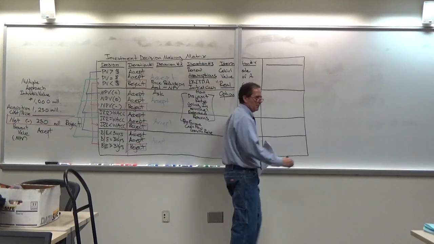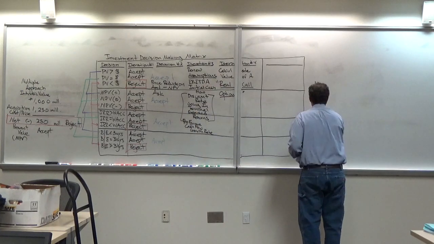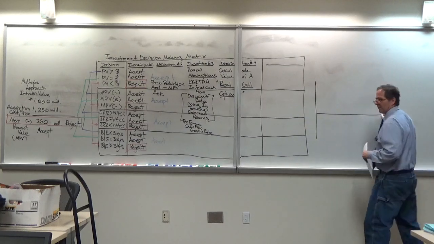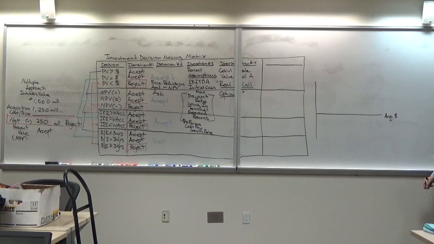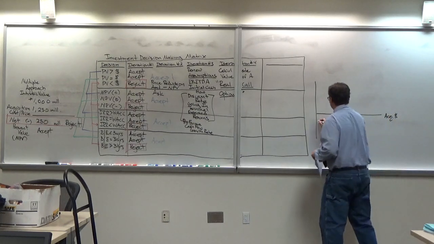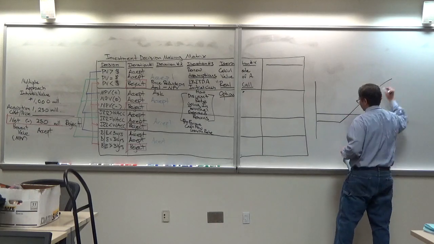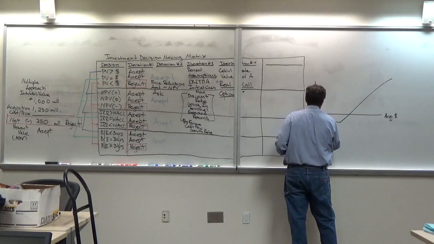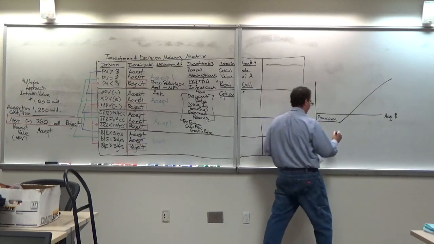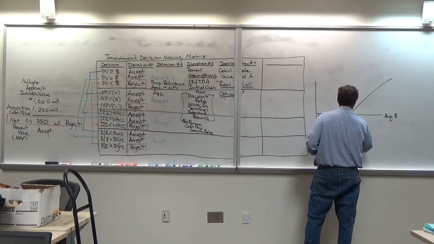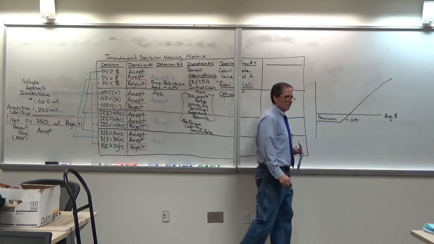Because we understand these tech firms. This is our acquisition price, at which we can buy it. But we're going to have to pay some premium, and the premium is going to be the negative net present value amount.